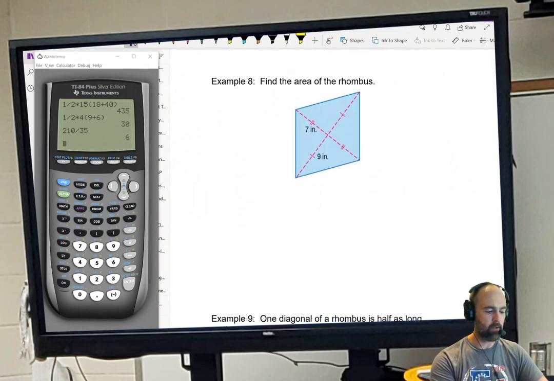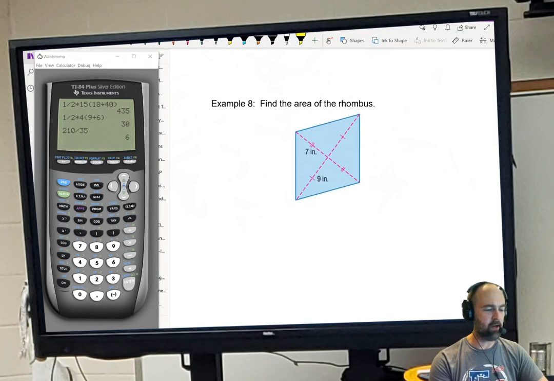So let's see, find the area of the rhombus. Well, if these two are marked as the same, that's going to be 7. This one's going to be 9. So diagonal 1 is 9 plus 9 is 18. Diagonal 2 is 7 plus 7, which is 14. Again, don't get caught up on which one's D1, D2.